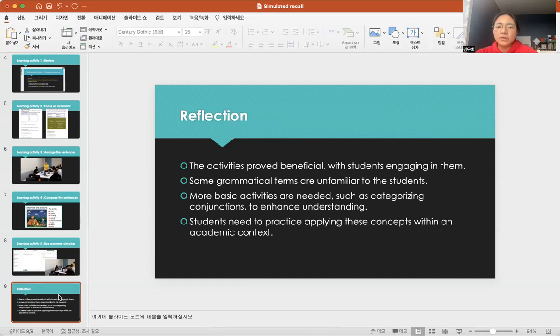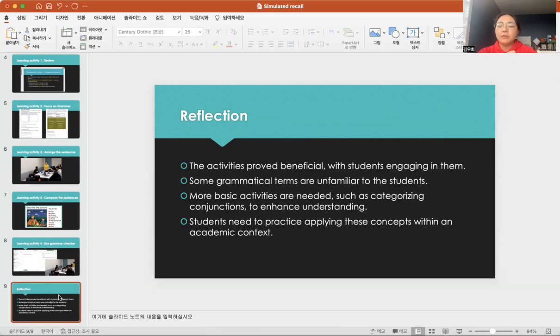For conclusion, I think the activities were useful and beneficial because students actively engaged in the activities.